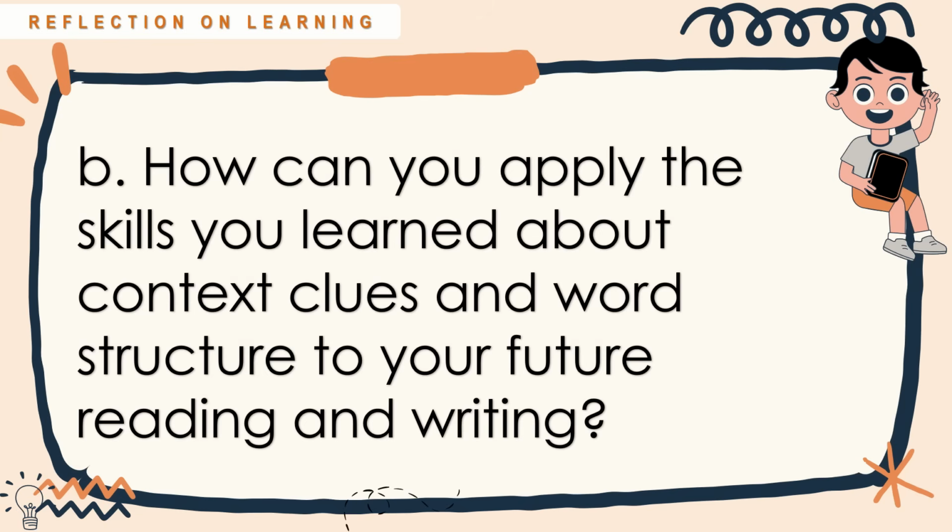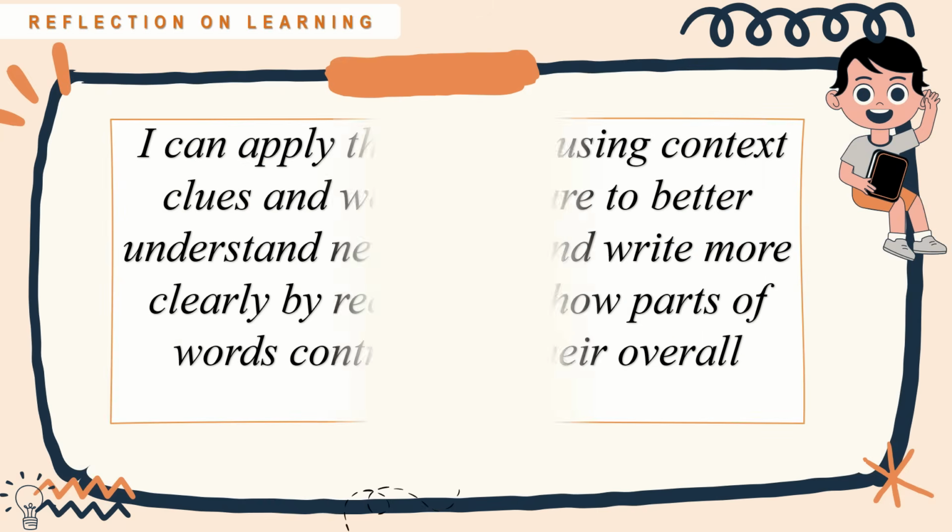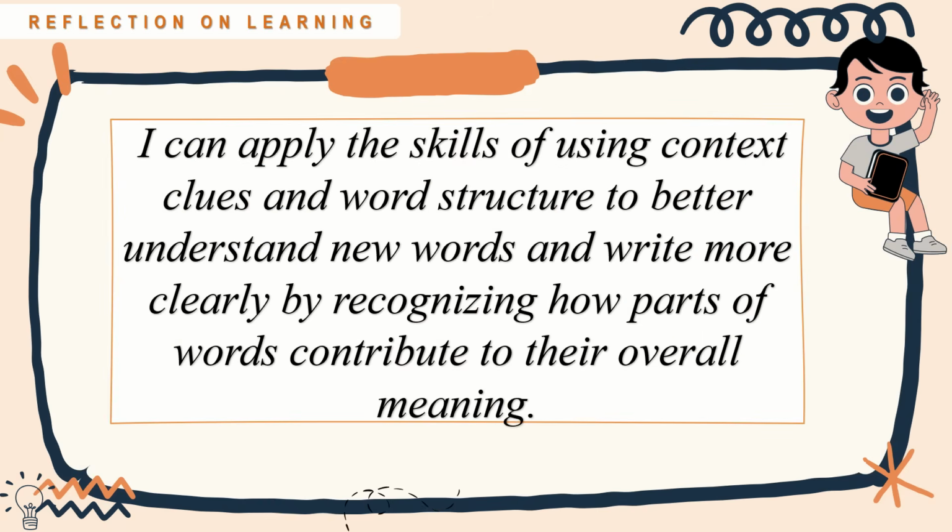Letter B. How can you apply the skills you learned about context clues and word structure to your future reading and writing? Very good. I can apply the skills of using context clues and word structure to better understand new words and write more clearly by recognizing how parts of words contribute to their overall meaning.